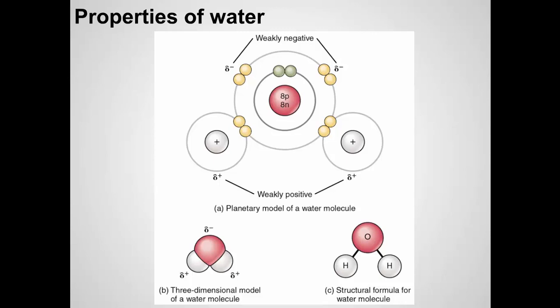But if I pull on that stronger and the electron is closer to me, I take on a partially negative charge. And Gaetano, because the electron's closer to me, takes on a positive charge.